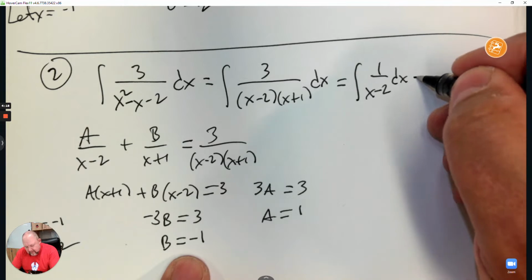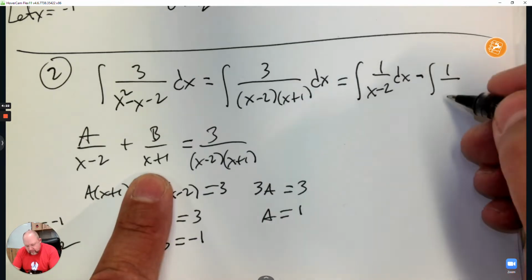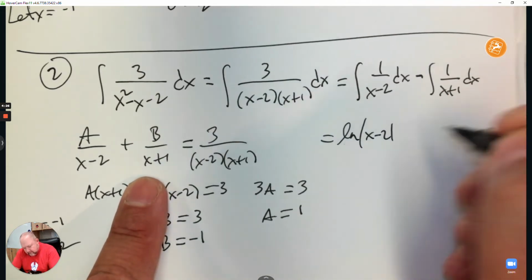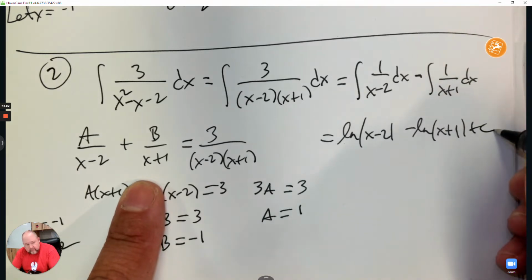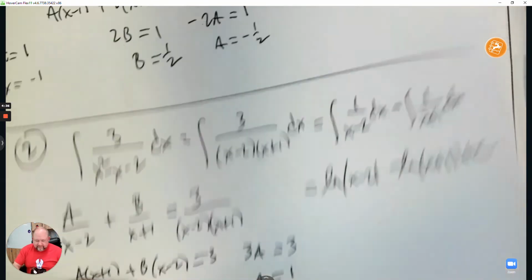The next one is negative, and that's 1 over x plus 1. And then these are just logarithms. Double checking. All good. All right, number 3.